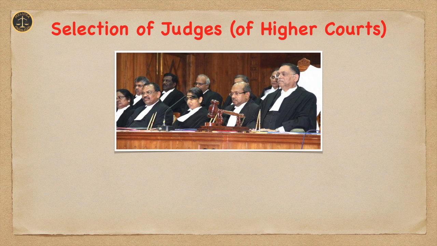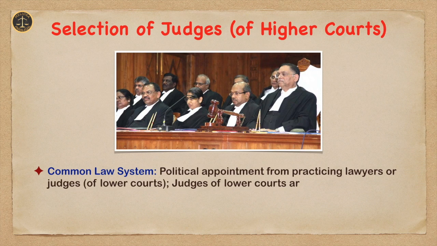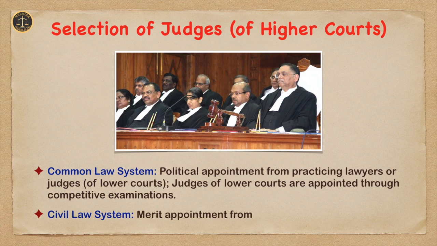In common law system, political appointment from practicing lawyers or judges of lower courts, whereas judges of lower courts are appointed through competitive examinations largely, whereas in civil law system, the appointments of judges are merit based from judicial specialists.